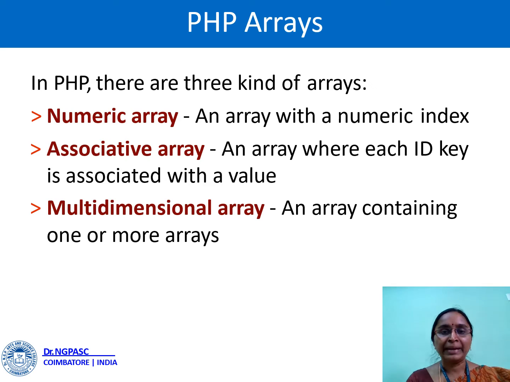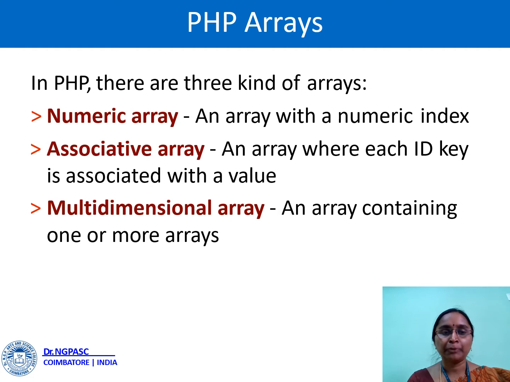Now PHP has three kinds of arrays. The first is the numeric array, the second is the associative array, and the third is the multidimensional array. The numeric array is based on numeric index values.